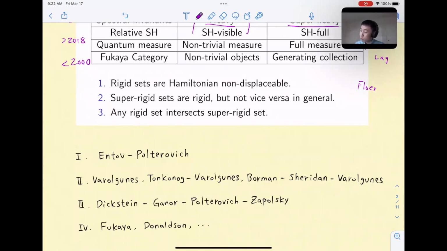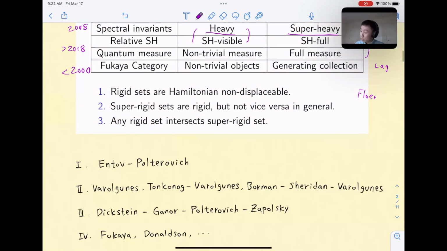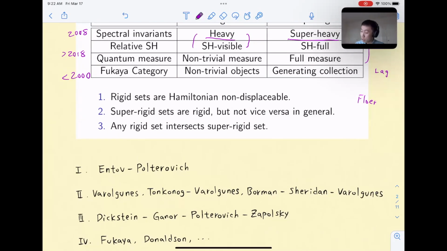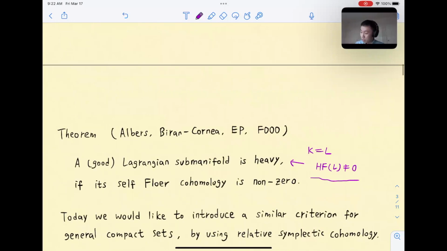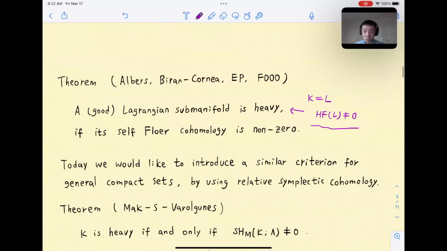Maybe one of the important relations, between the fourth one and the first one, is well studied. I summarize it in the following theorem due to many people in different generality: Albers, Biran, Cornea, Entov-Polterovich, Bukaya, Ono. Suppose we have a Lagrangian submanifold.